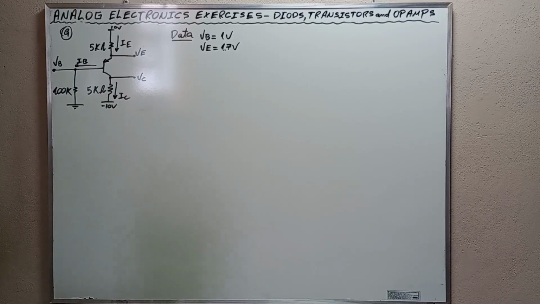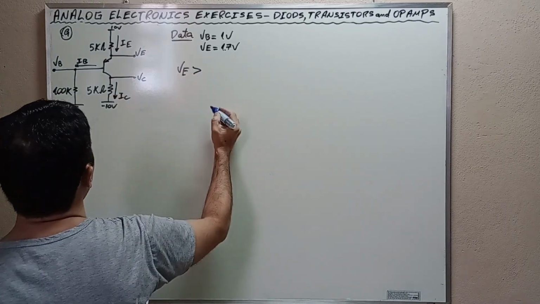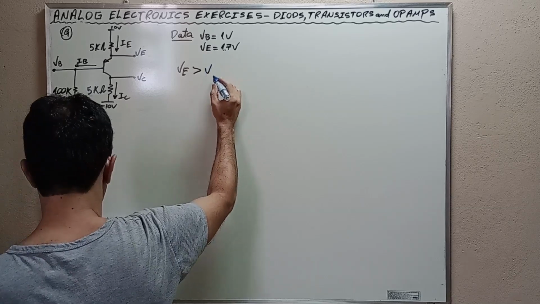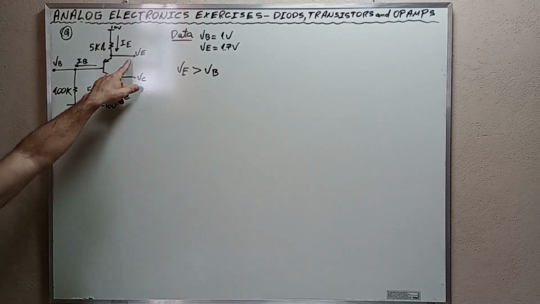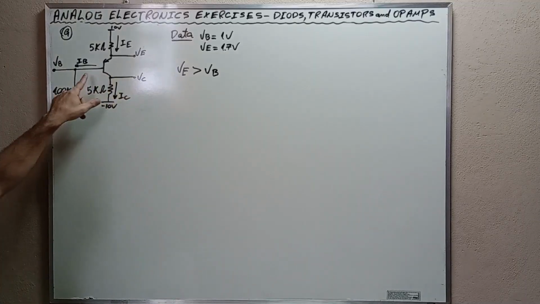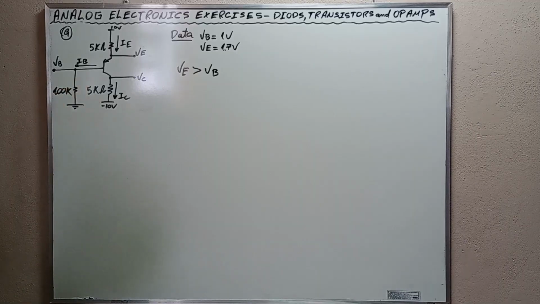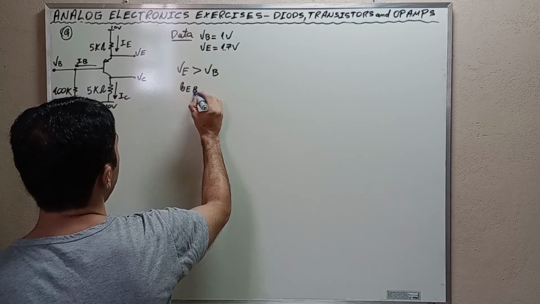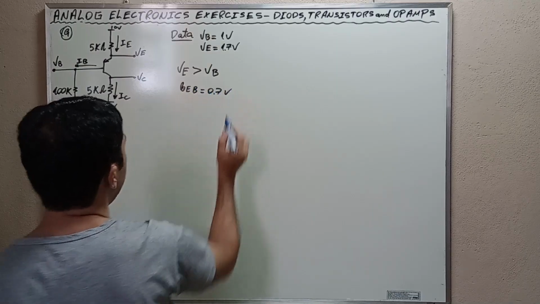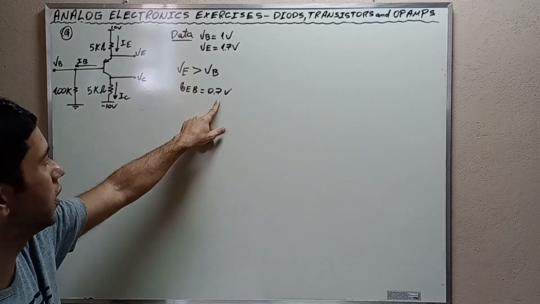As VE is greater than VB, the voltage at the emitter is greater than the voltage at the base. That is, VEB is equal to 0.7 volts. Okay, we normally use this voltage here.